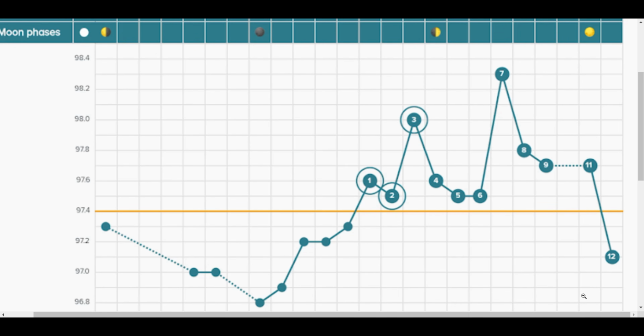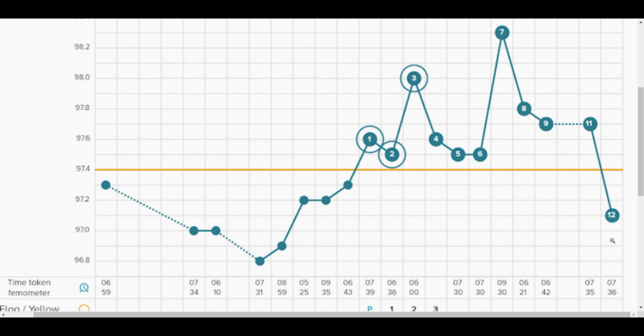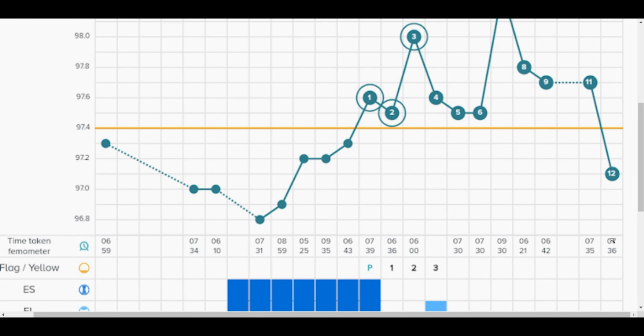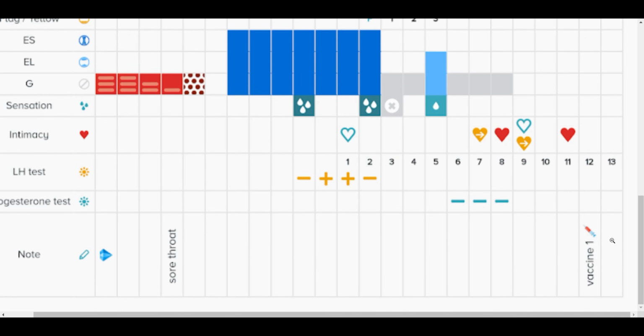It's not just the COVID vaccine. And so I just encourage people to chart that, or any new medications or supplements that they might be taking, along with other things like travel, illness, and things like that, that have the potential to impact the cycle and how our biomarkers are literally showing up on the chart.